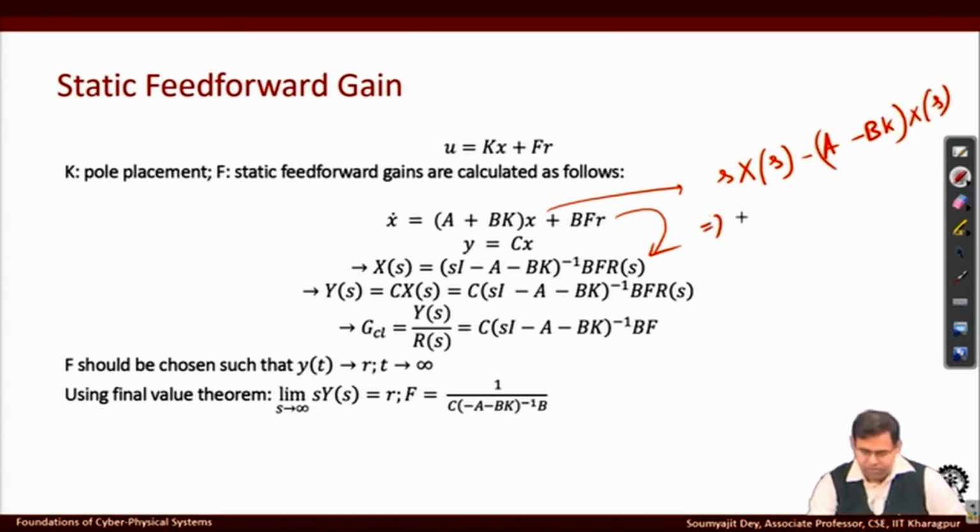If you take X(s) common, you get (sI minus A minus BK). This sign really doesn't matter, it depends on how you are modeling the K. If you take u equal to minus Kx in your initial model, just proceed accordingly. So don't really worry about this. In our previous derivation, we took that minus because in most books that's the standard that is followed, but it's just a modeling issue.